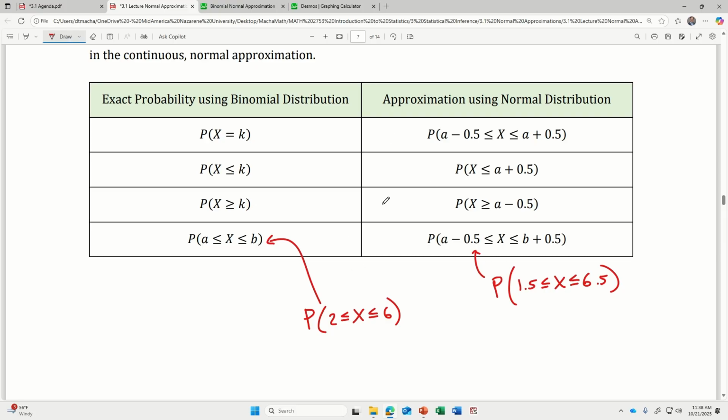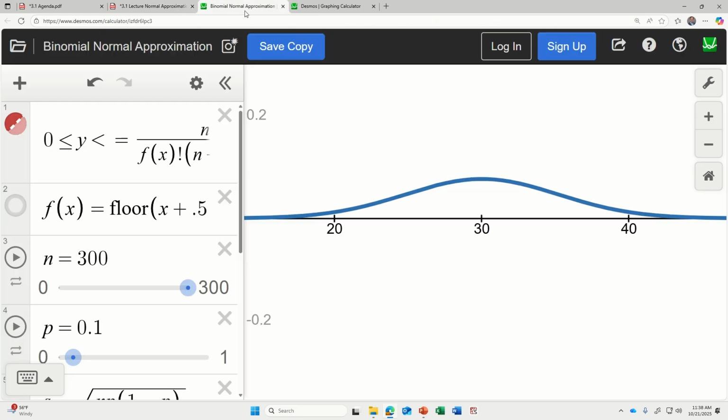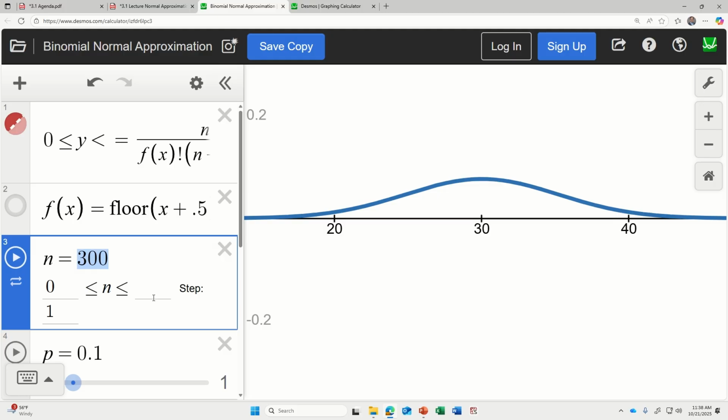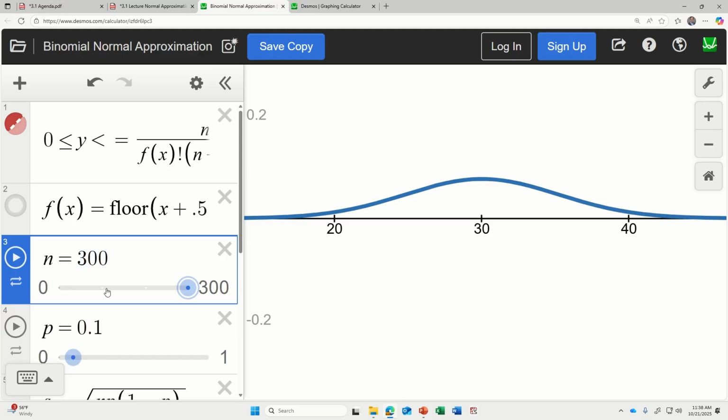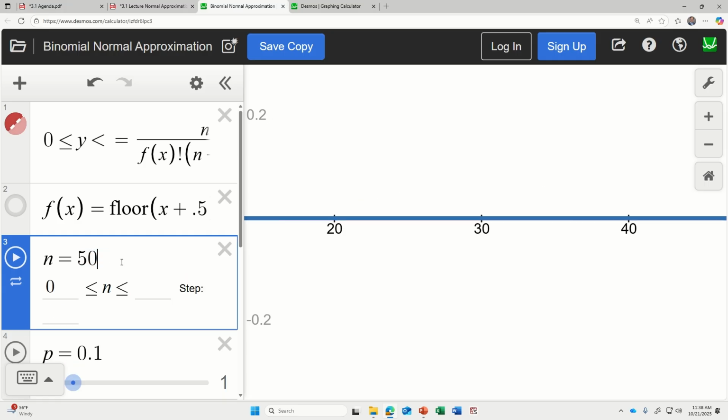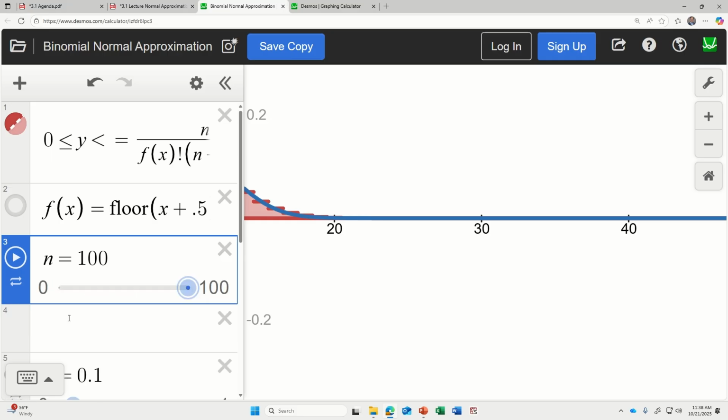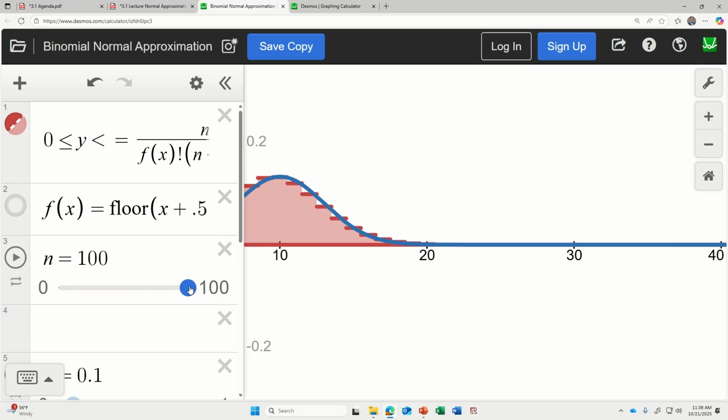So that's something to know. Put on your little page for the next test for sure. I'm going to try to show you what that looks like and why.